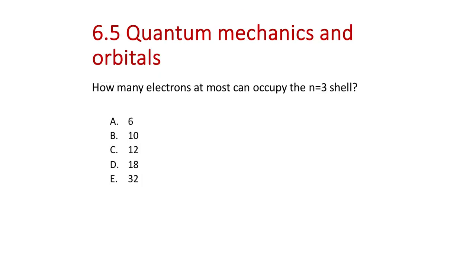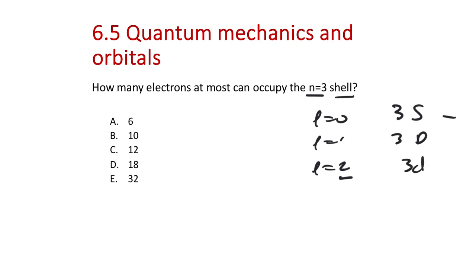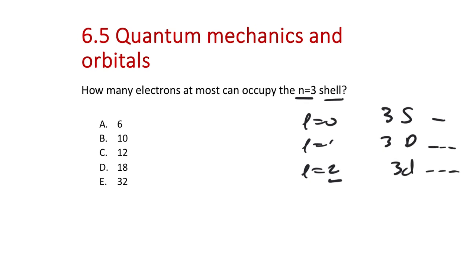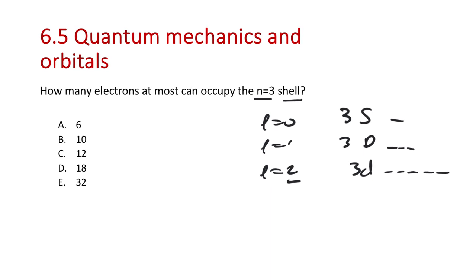Before we get there, a quick question. How many electrons at most can occupy the n equals 3 shell? The n equals 3 shell is everything in n equals 3, so that's l equals 0, 1, 2, but not 3, because the max l can be is n minus 1. So that's the 3s, 3p, and 3d subshells, so 1, 3, and 5 orbitals.